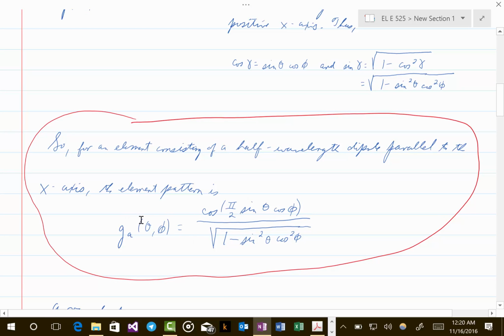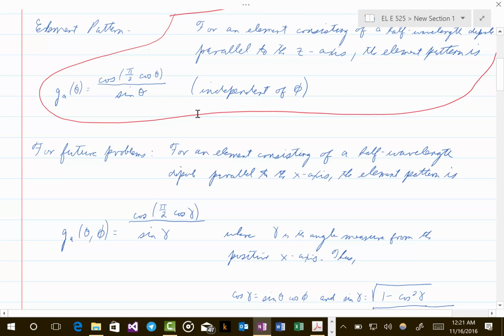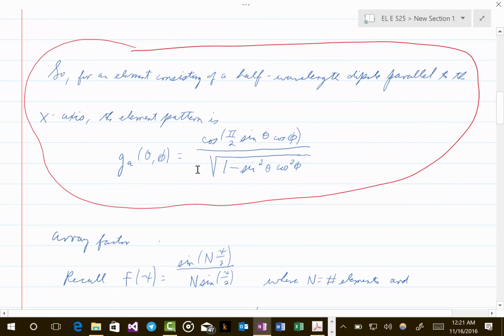And notice that this pattern is a function of both theta and phi, unlike the previous element pattern for the half-wavelength dipole along the z-axis, which is only a function of theta and is independent of phi. Once again, we don't need this information for lecture 20, but in lecture 21 this will be an essential formula that we will need.